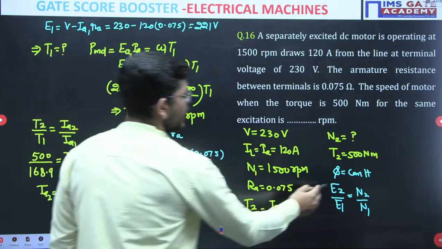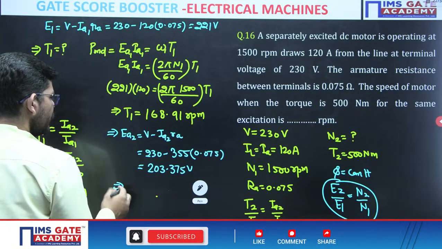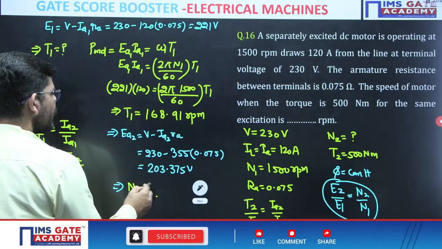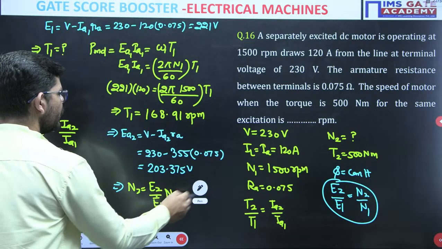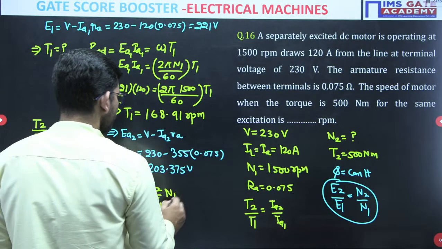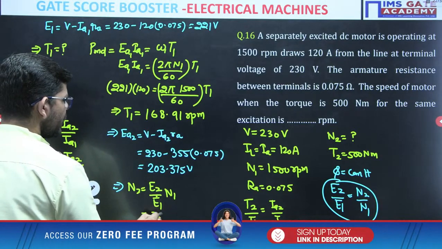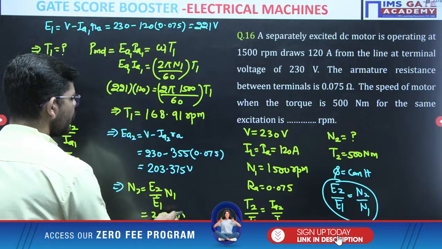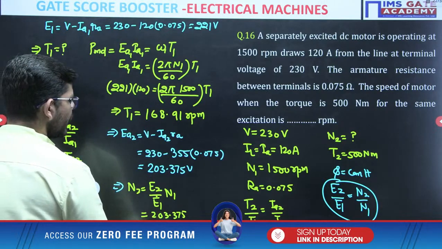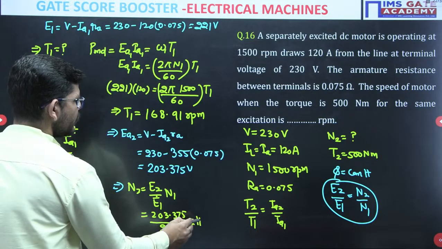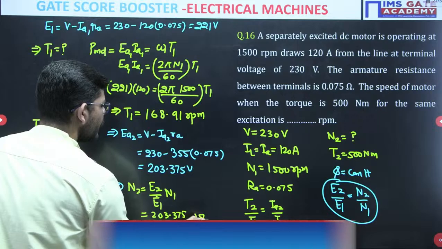Then through this relation, what is going to be my N2? It is going to be E2 upon E1 into N1. E2 is 203.375, E1 is 221, N1 is 1500.